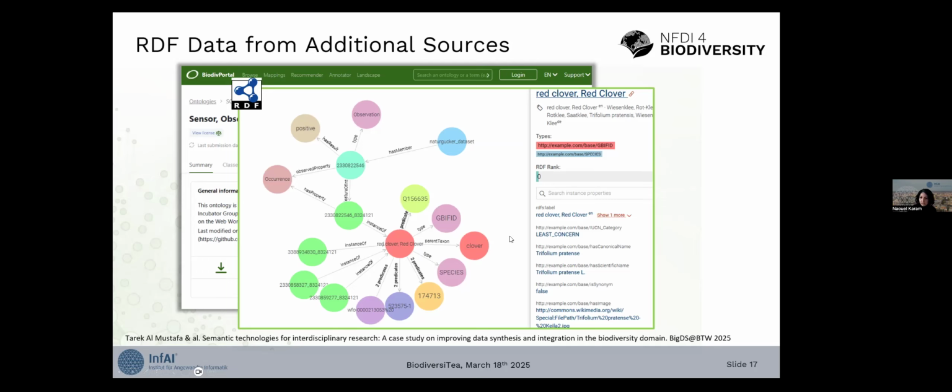And you can see that additionally to the IDs from GBIF, there is also the connection to the red lists, as well as the Wikidata identifier, which enables us to have additional information and even, for instance, here the picture of the species.